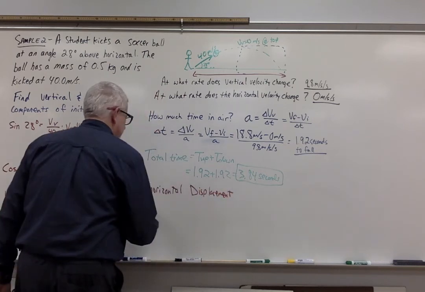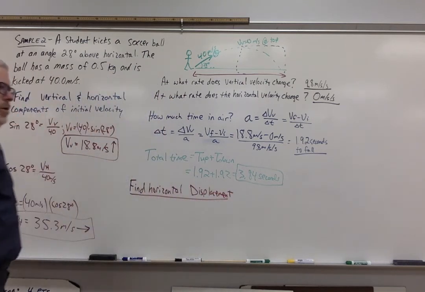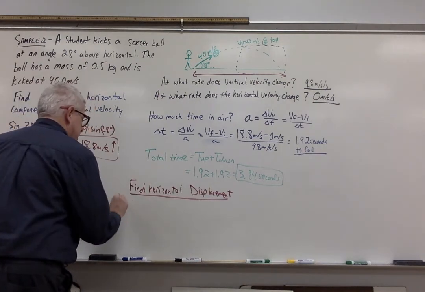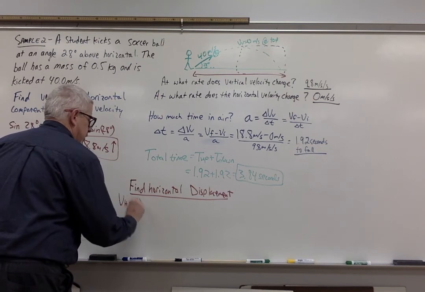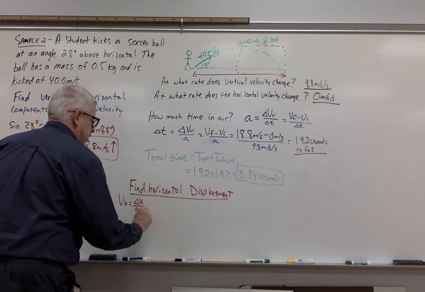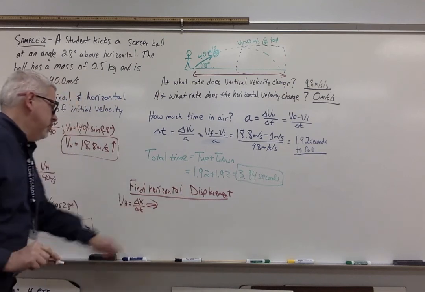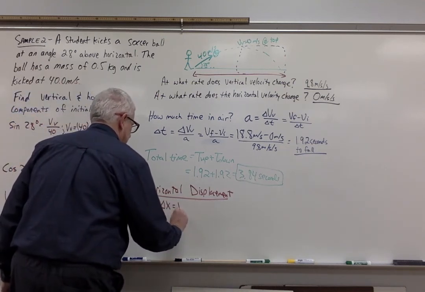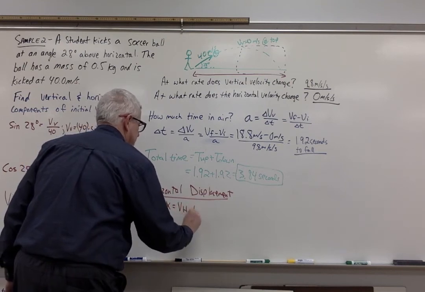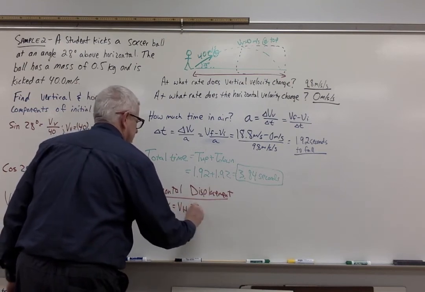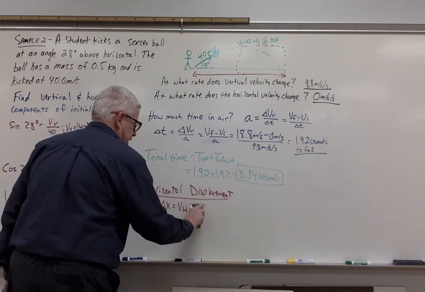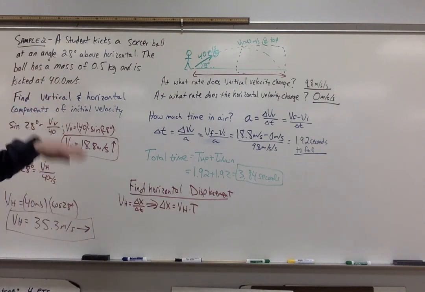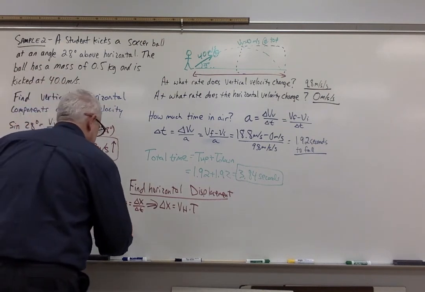Well, to find that, we're going to go back to the only horizontal equation we have, and I'm going to already rearrange it, because Vh is equal to delta x over delta t. Rearranging it, delta x equals Vh times t. This time is the total time, because it's moving horizontally both on the way up and on the way down.